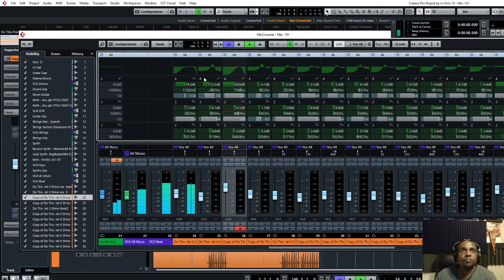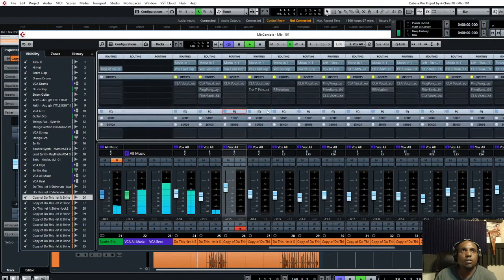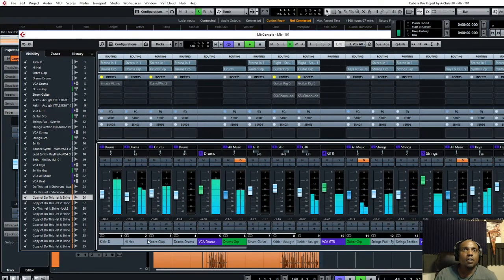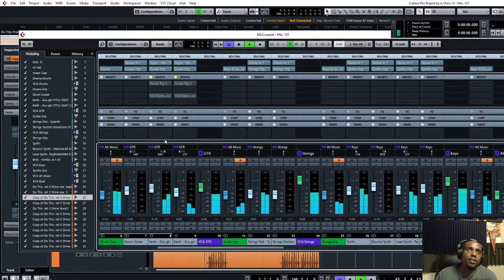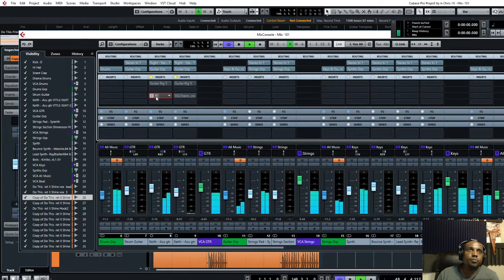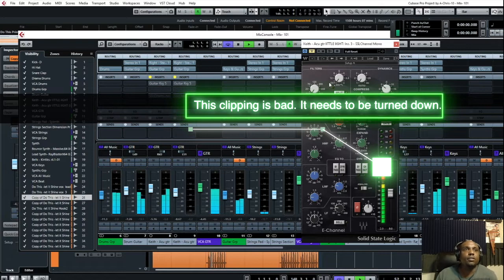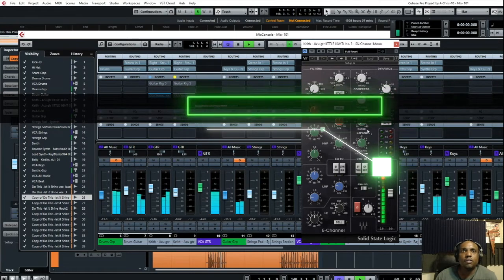So another thing about EQ is, aside from the onboard EQs that your DAW will come with, there are also third party EQs. For instance, for Keith's guitar, I threw on an SSL E channel, mainly for some flavor.